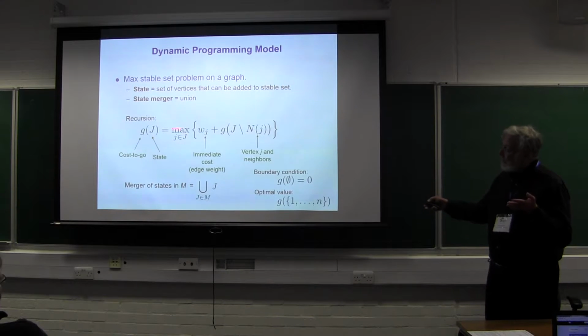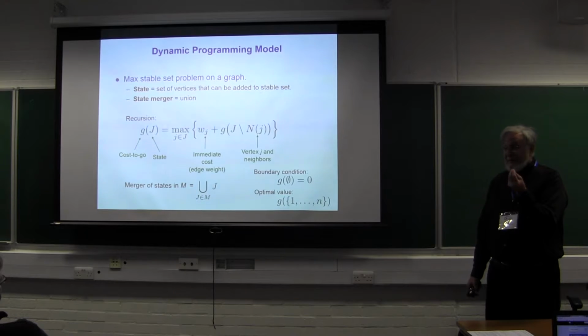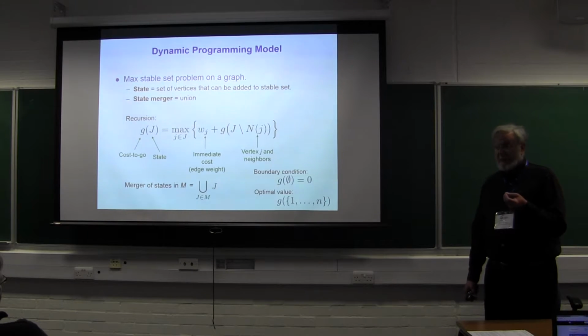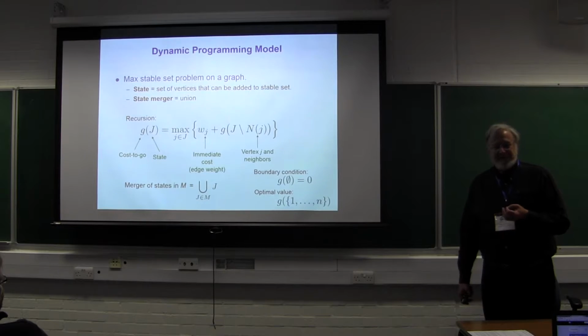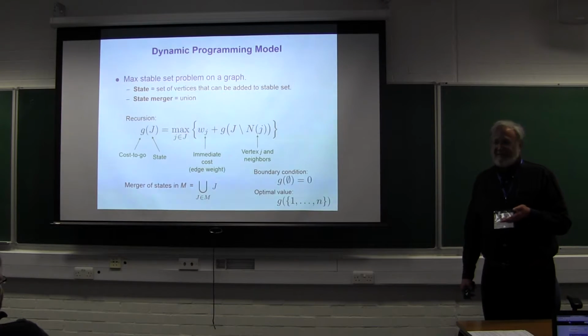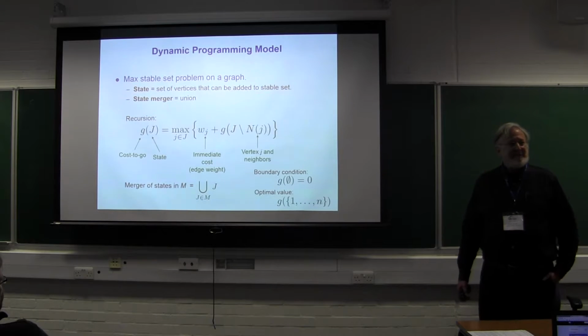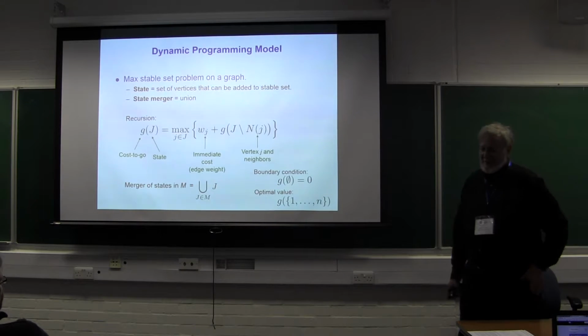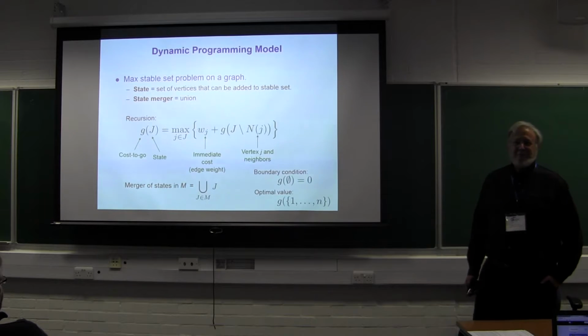You need a recursion like this, and you need a way to relax, a way to merge states while preserving validity. Both of these are non-trivial. You have to think. On the other hand, it gives you an opportunity to exploit the structure of the problem, which is good. We basically get paid for exploiting problem structure, right? That's how we earn our living. Otherwise, you can just solve everything with off-the-shelf methods.